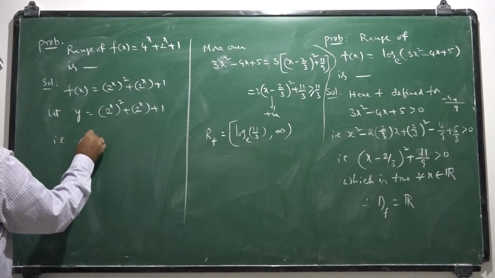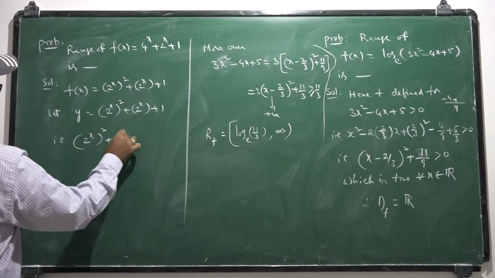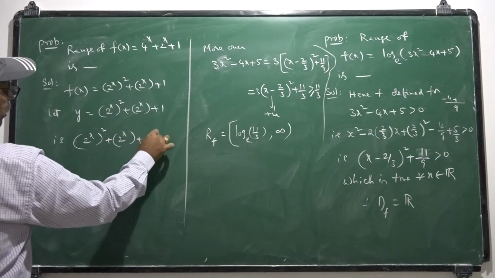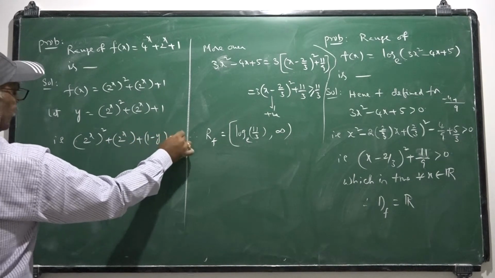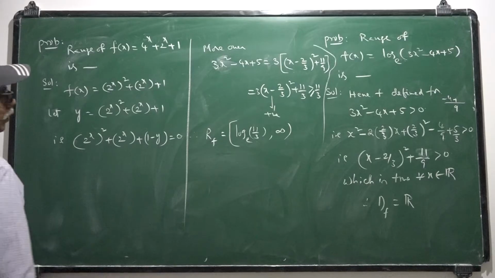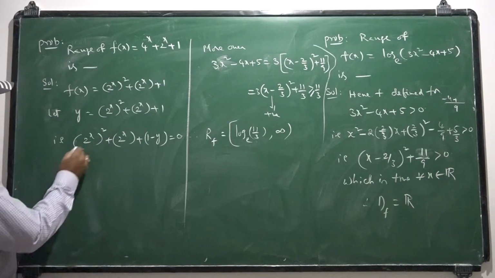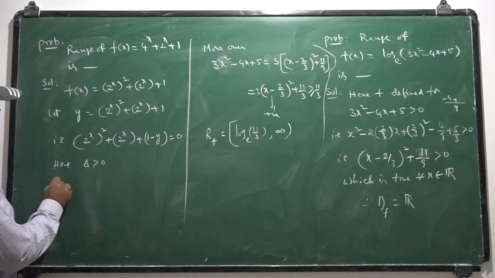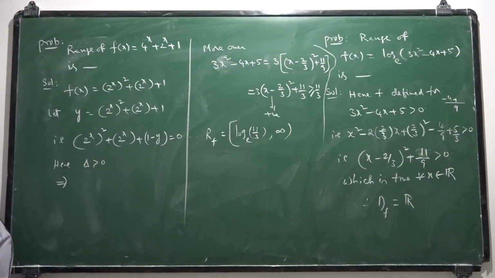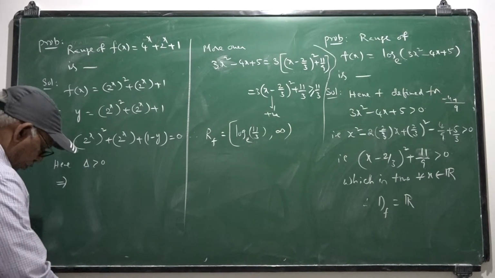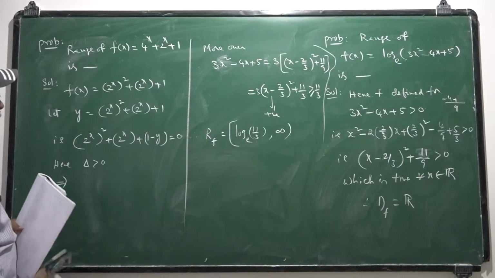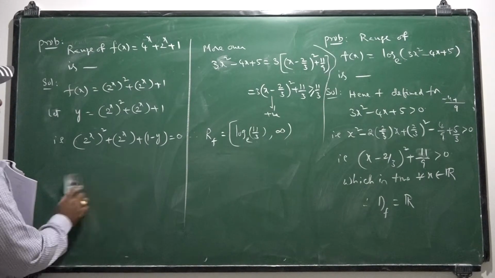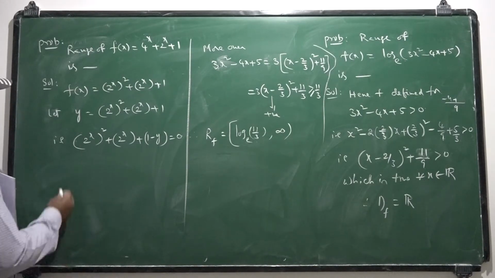That is a quadratic, you can write it like this, as 1 minus y equal to 0. Here delta is greater than or equal to 0, because x is real, 2 power x is real. Let us consider 2 power x value.